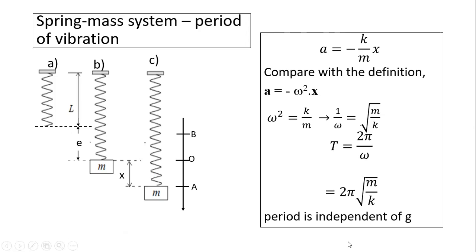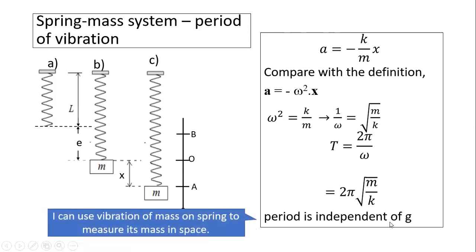Right? So we can see that the period is independent of g. So that's why in space where there's no gravity, where the astronaut circles around the Earth, there's weightlessness. To measure, we can use this one. We just displace the mass, and then we can find the period because the period depends on the mass of the oscillating object.